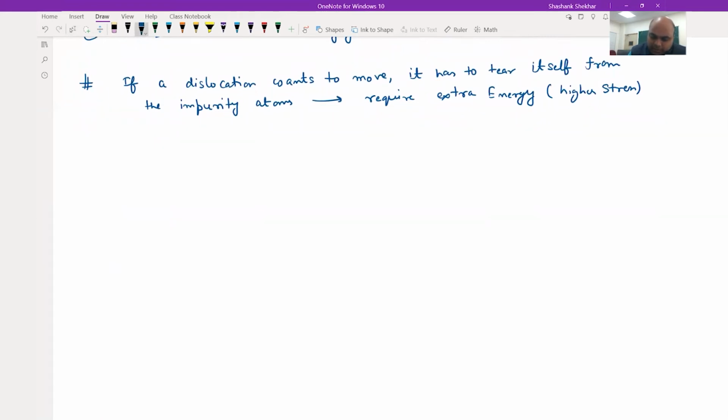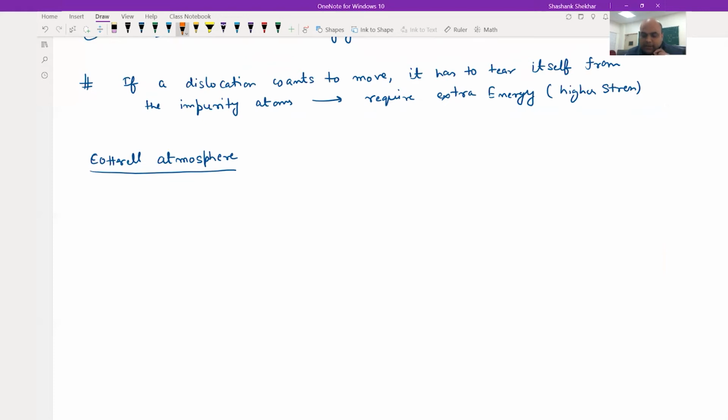So there is some terminology we call Cottrell atmosphere. Now we know that the interstitial atoms are going to sit at the core of the dislocation, and that too at the bottom of the extra half plane.